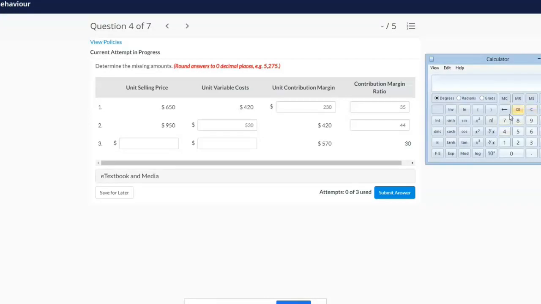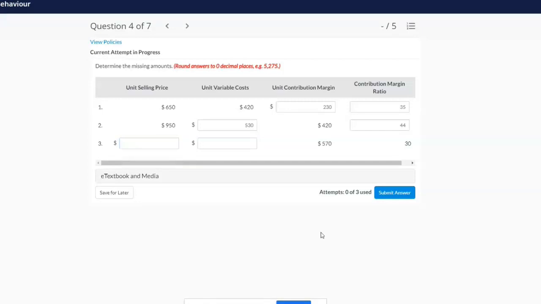Now the last one, they give you the contribution margin and the contribution margin ratio, so you have to get the sales first. The contribution margin is 30% of sales.